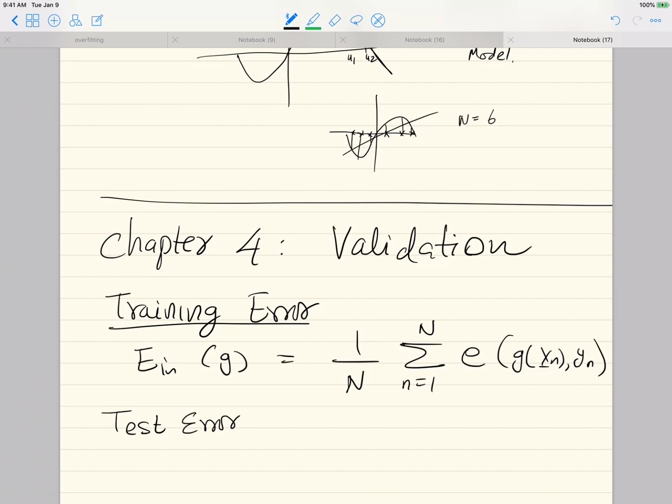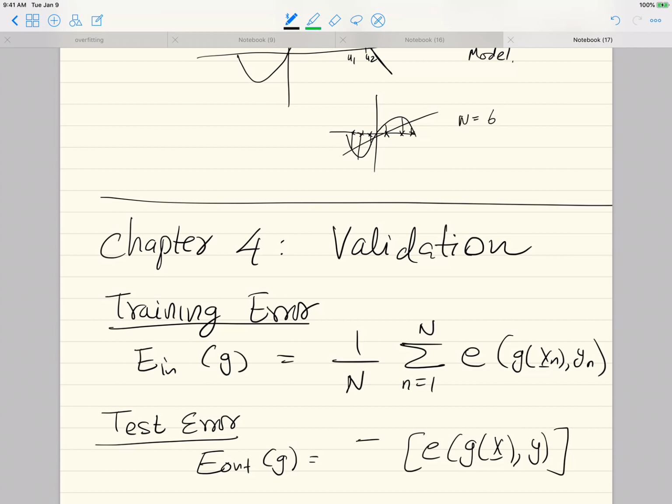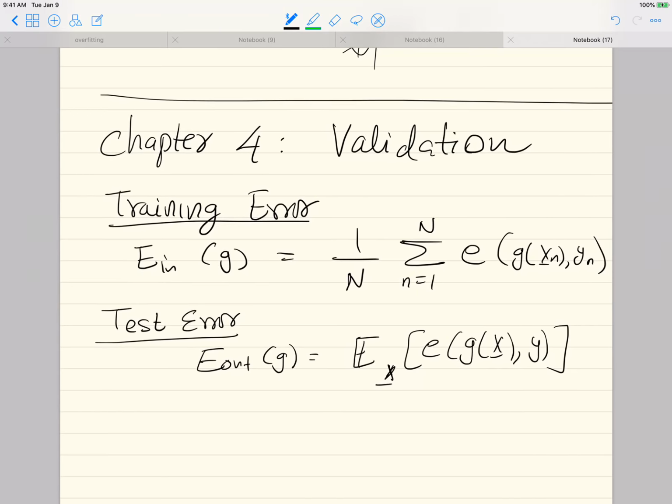And the test error E out of g, which is the expectation of e of g of x and y, with respect to our data vector x. So we want to relate the two quantities, the training error and the test error. But instead of using the theoretical bounds, we will use validation sets.